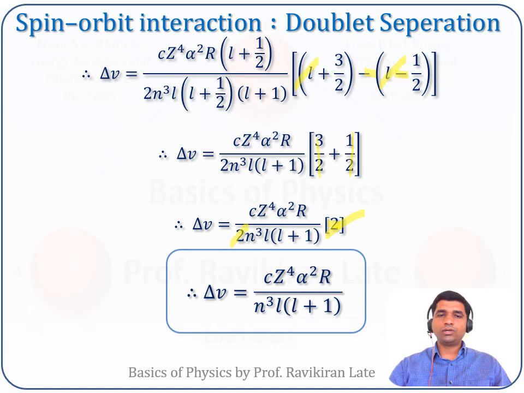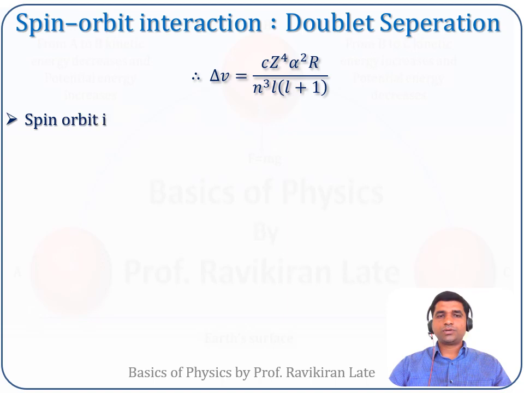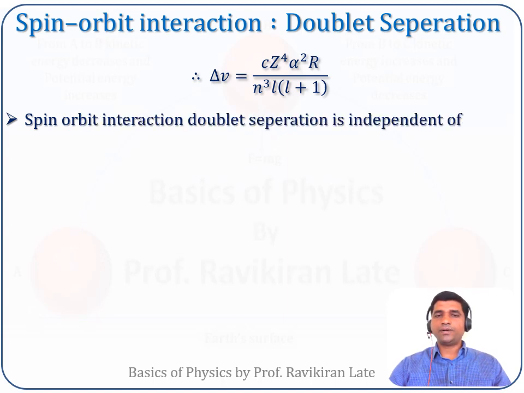So finally you will get an expression, that is the energy frequency of doublet separation, the frequency of separation between the two doublets due to the spin orbit interaction. It is nothing but Z to the power 4 alpha square R divided by n cube L into L plus 1. From this one, what you can say is that the spin orbit interaction doublet separation is independent of J. So it does not depend.